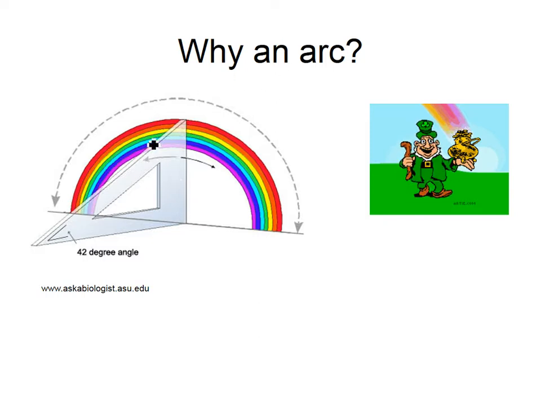Here is a neat picture that shows that each color refracts at a slightly different angle. Red is 42 degrees, as you can see here. So if you would take your eyeballs here and you were looking, it's going to be this circular shape, go kind of 360 degrees around, but go 42 degrees out, and you will get an arc. And then, like I said, each color is a little bit different.